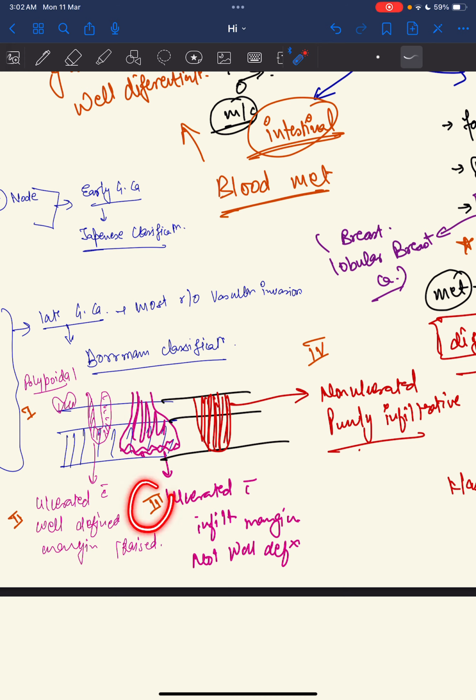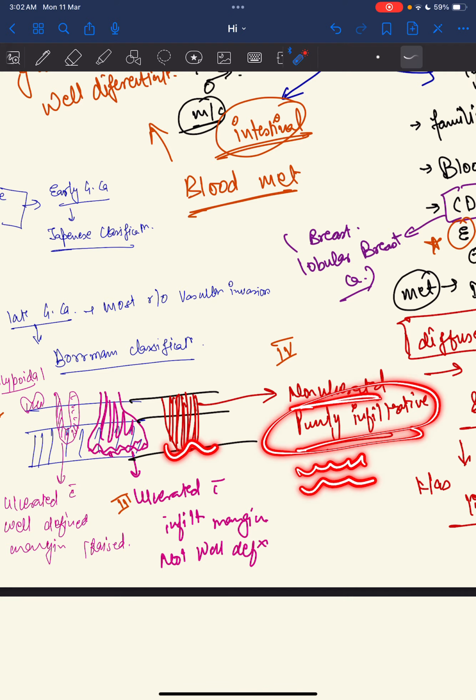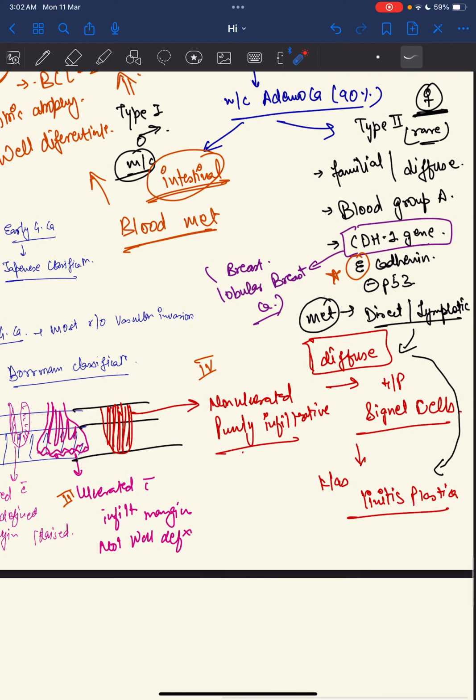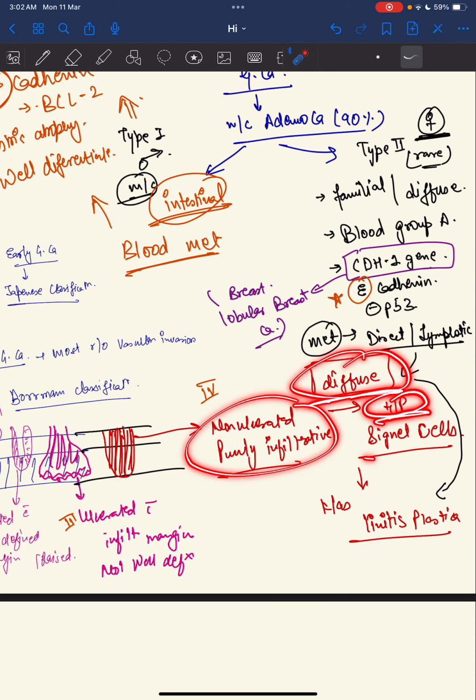This is the type 3, and the type 4 is the very clever one, which is not ulcerating and purely infiltrating. It silently infiltrates, and this is known as the diffuse one. On histopathology, it will show the signet cells, and it is known as the Linitis plastica.